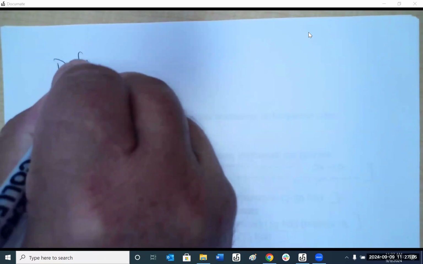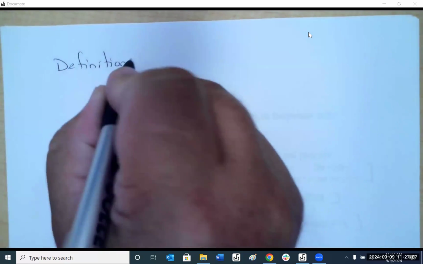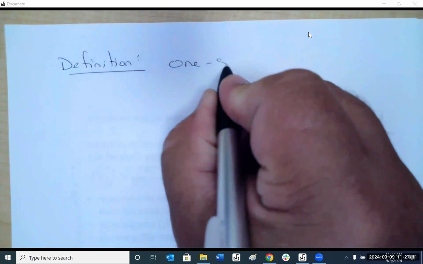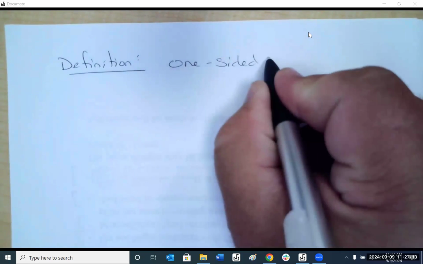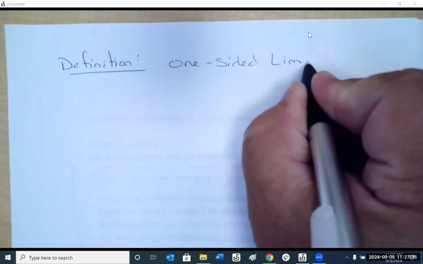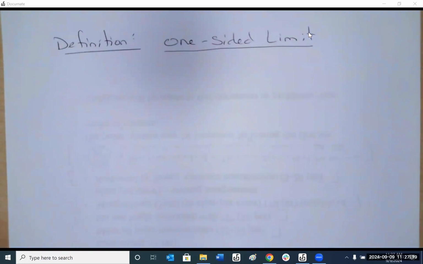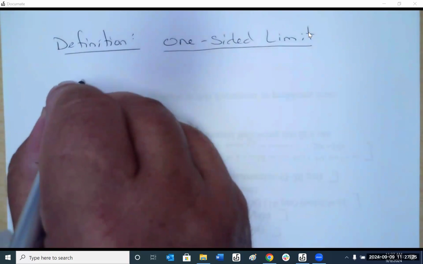All right, let's look at the actual definition of a one-sided limit. Okay, as you can see in your sheets.